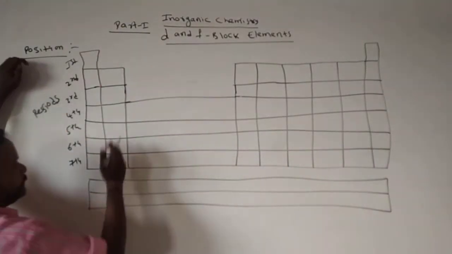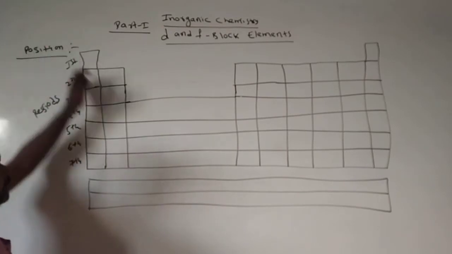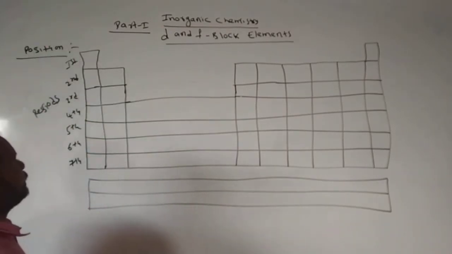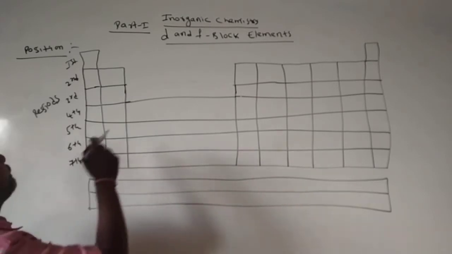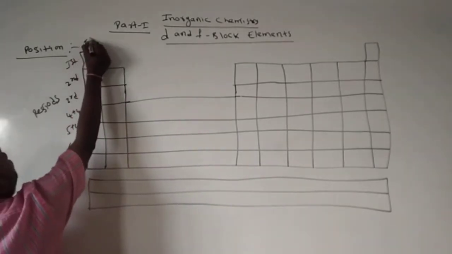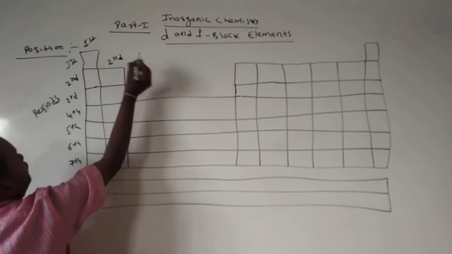Now next, the vertical columns we call groups. We have a total of 18 groups in the periodic table. This is the first group, the second group.